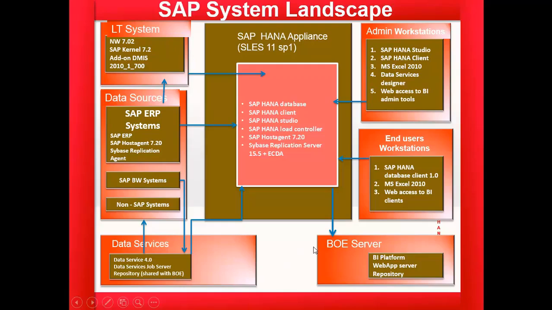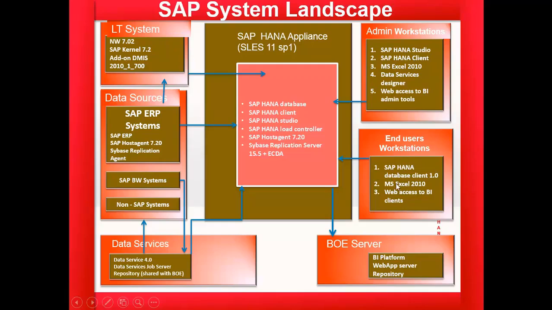Then at the bottom on the extreme right side, we have the BOE server, which is the BI platform 4.0 or 4.1. In the center on the right side, we have the SAP HANA database client.